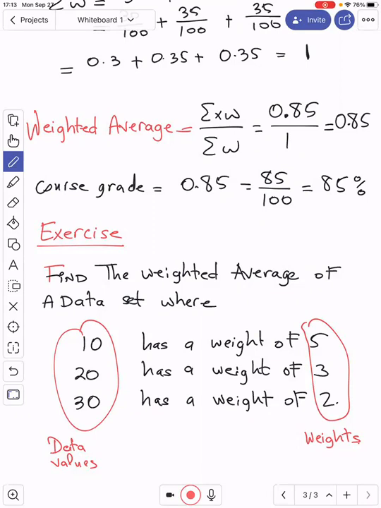Okay, you have like 2 minutes to think about this exercise. But anyway, the formula for the weighted average is this one here: the sum of the data values times the corresponding weight over the total sum of the weights.